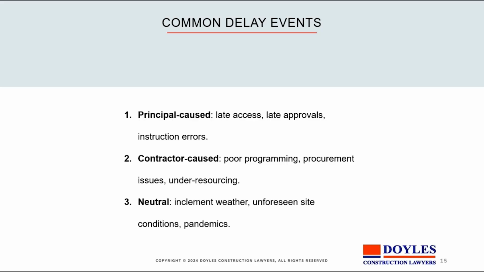Whereas for principal caused delays, usually he might expect the extension of time together with some delay costs. But for contractor caused delays, usually he won't receive either. So it's important to make sure when you're putting an EOT claim together that you've carefully positioned the claim in one of the categories that gets you some reward.